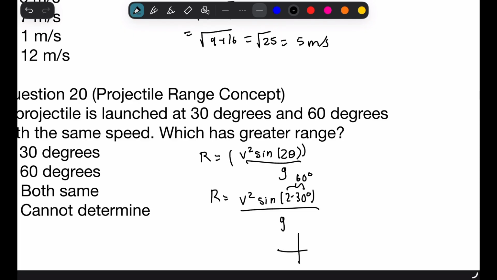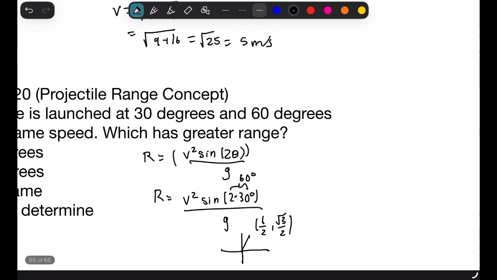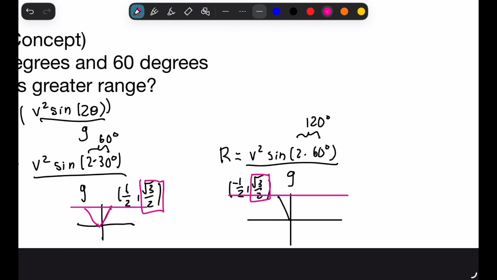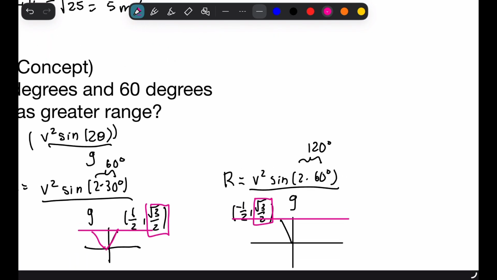Now sine 60 degrees is going to be right here. We're going to be at a point where we have 1/2 as our x-coordinate and root 3 over 2 as your y-coordinate. Now, no matter if your height is over here, that's still going to be the same height of root 3 over 2. Now, if we were to find the range of 60 degrees, we have v squared sine of 2 times 60 degrees, which gives us sine of 120 degrees.